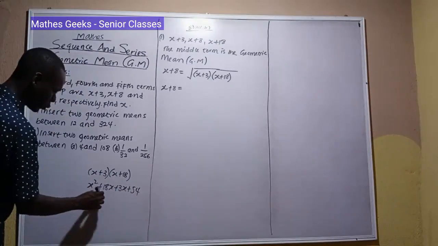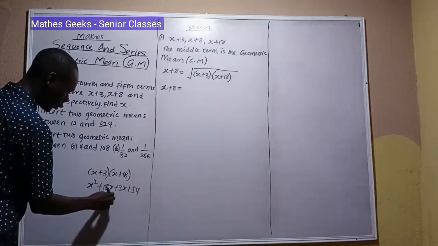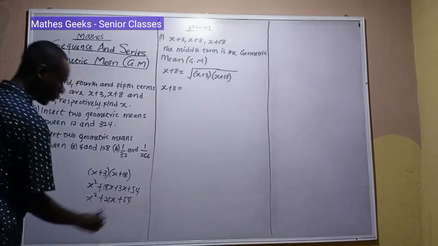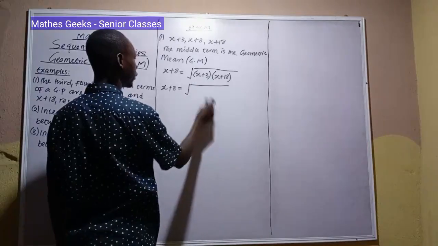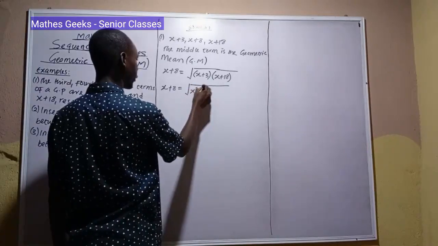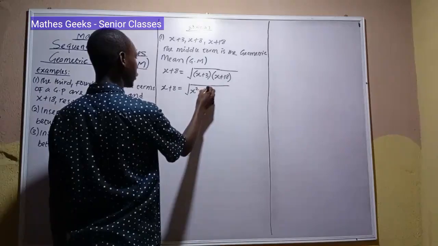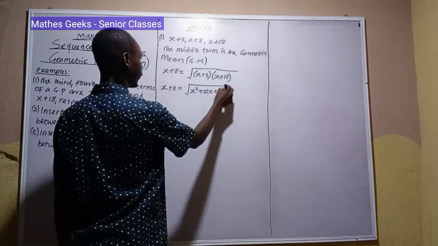So x squared plus 21x plus 54. So this will give us the square root of x squared plus 21x plus 54.